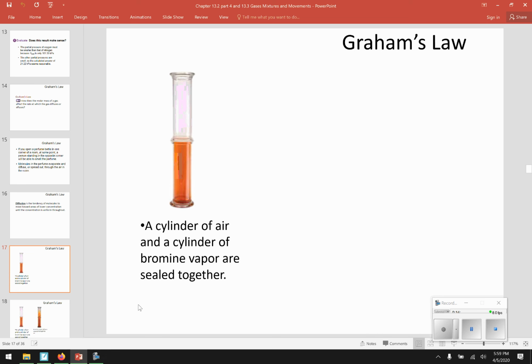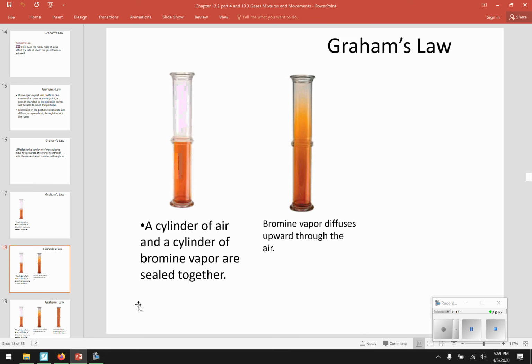It's also a dark reddish brown color, so it's easy to see. They're sealed together, but separated. If you break the seal between them, what you'll see is eventually the air will start to move down, because it's at high concentration at the top and it wants to go to the area of lower concentration and even out. And the bromine will do the opposite. It will move up.